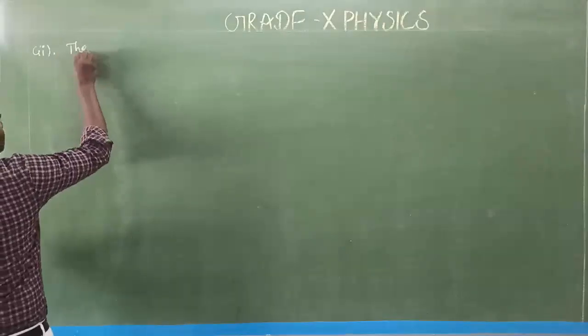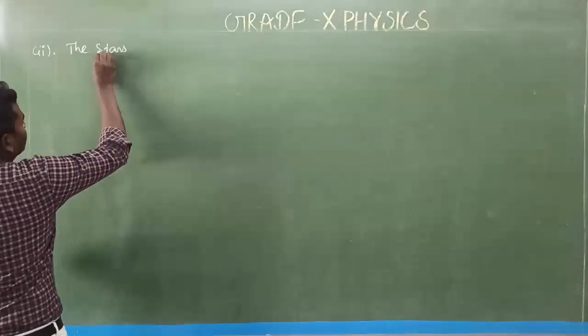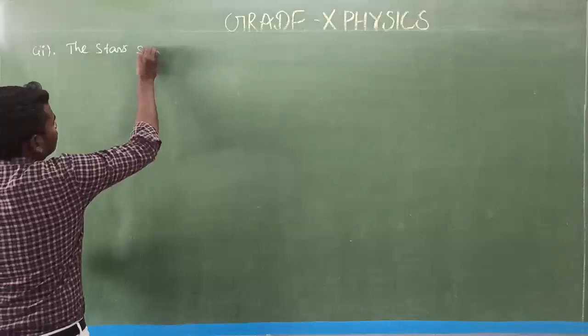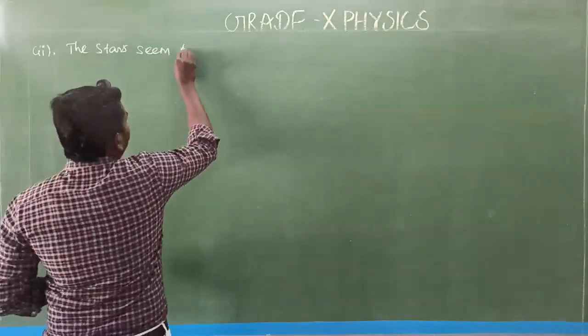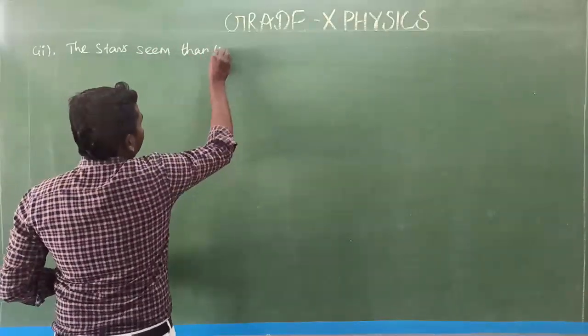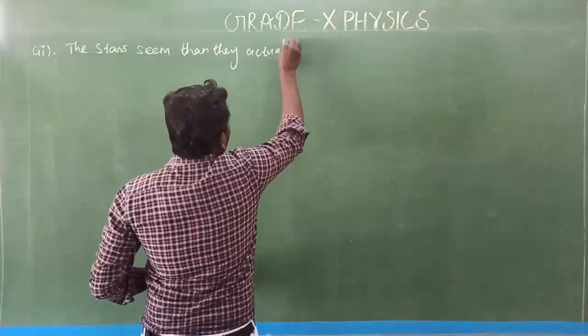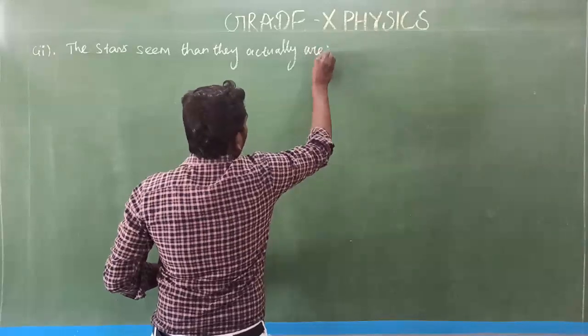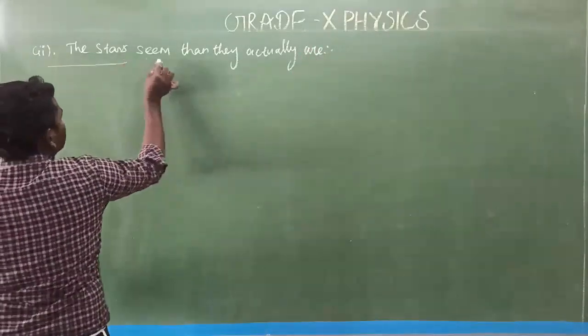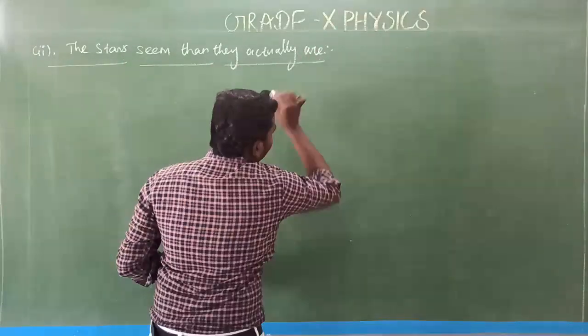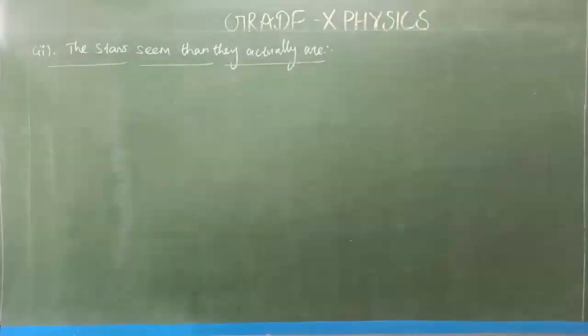The stars seem higher than they actually are. This is the second example of this atmospheric refraction. Okay, what is that?